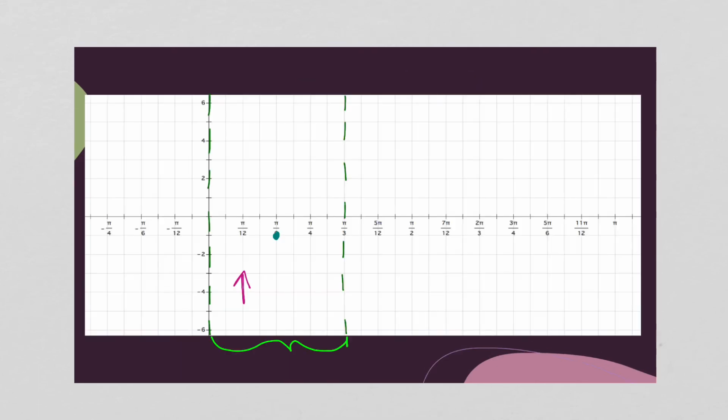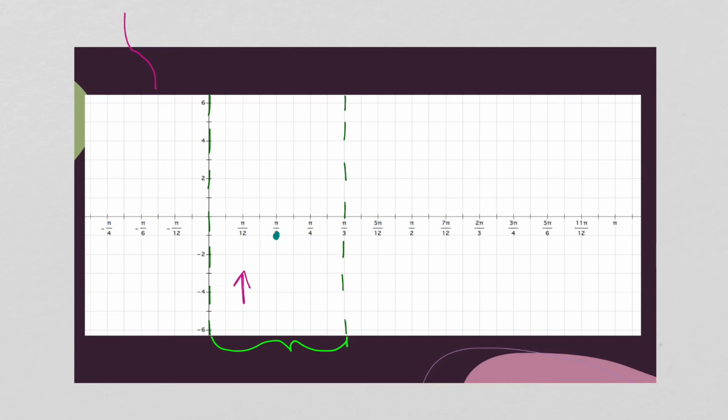What's the y value? Well, for cotangent, cotangent normally goes down like this. So we would normally be at 1. However, it's got an a value of 3.